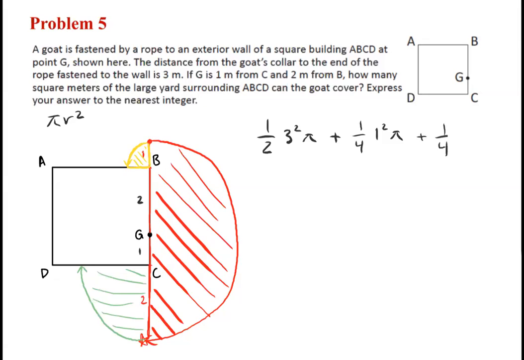And then for our green area, 1/4 times 2 squared times pi. And when you add these together, you'll get 23/4 pi. And since the question is asking for you to express your answer to the nearest integer, you're going to have to either calculate by hand or by calculator, but in the end, you should get 18 as your answer.